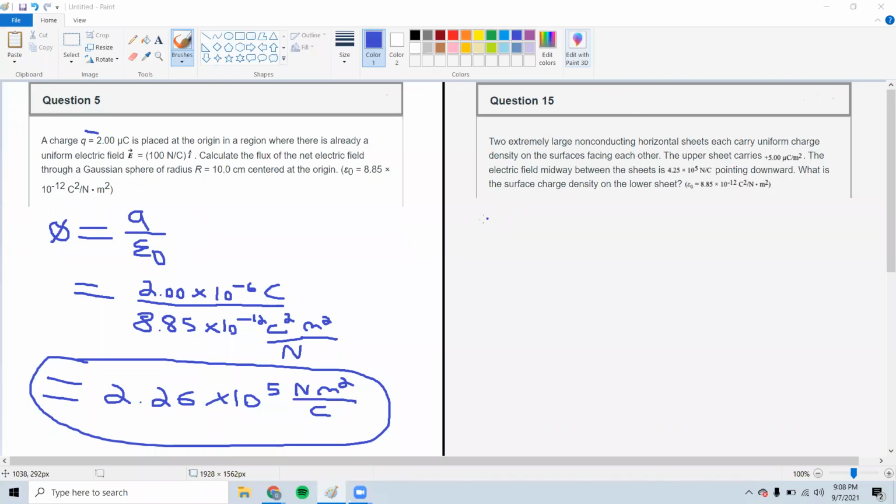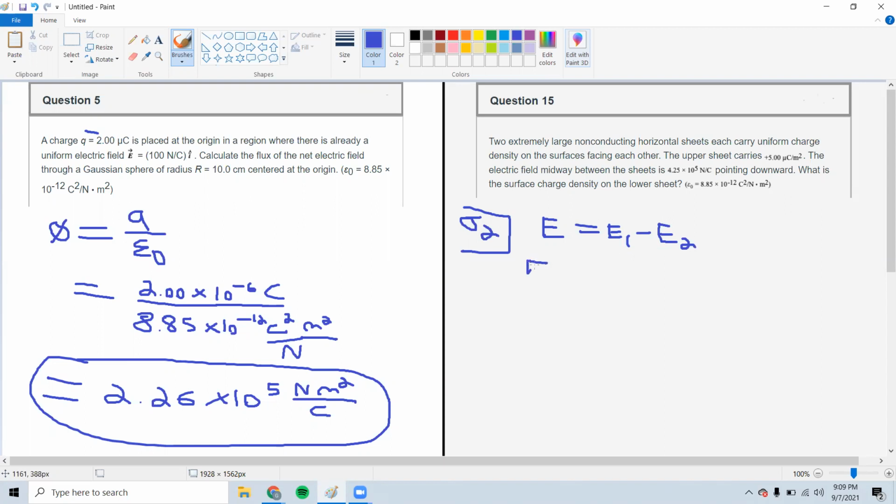For this question, we're looking for the surface charge density of the lower sheet, which is typically represented as sigma sub 2. An equation that we can work this into goes like this. We start with E equals E sub 1 minus E sub 2.